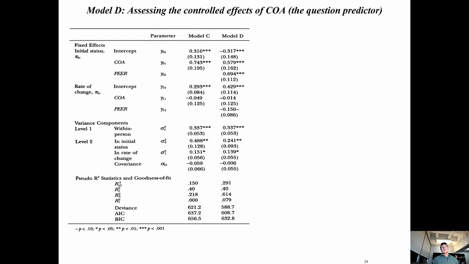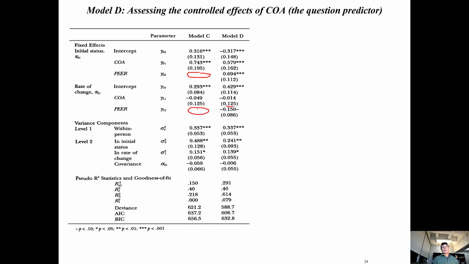All right, and then in Model D, it's also adding in how much your peers drink. So this has the different models here. In the first model, we don't have peers drinking involved.